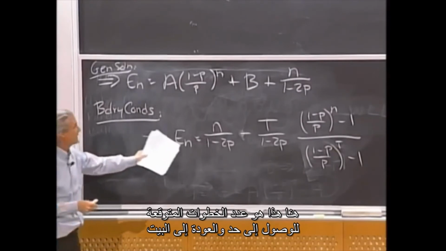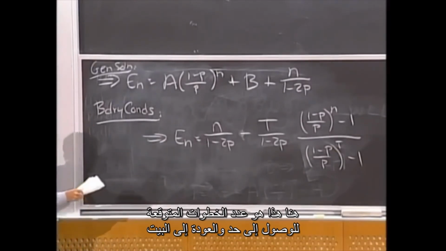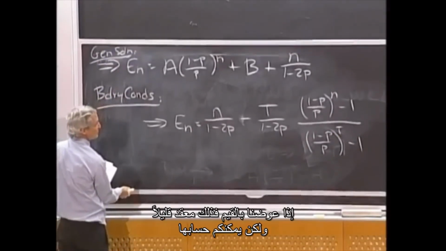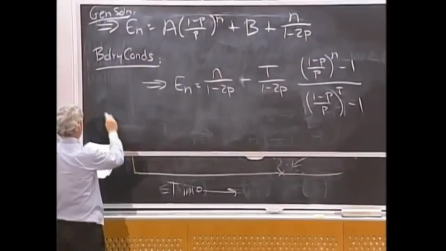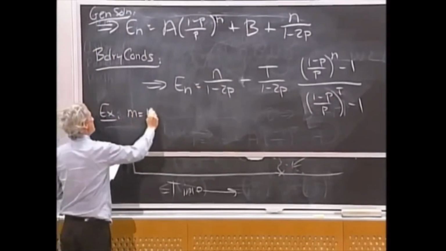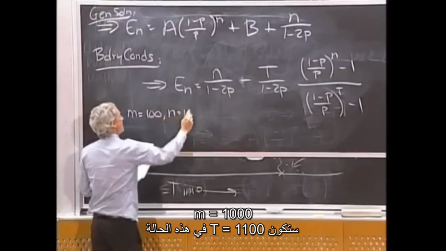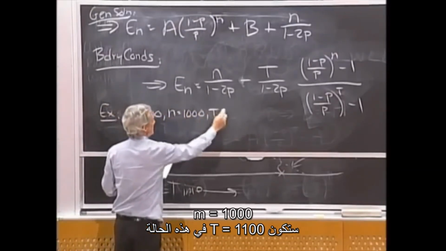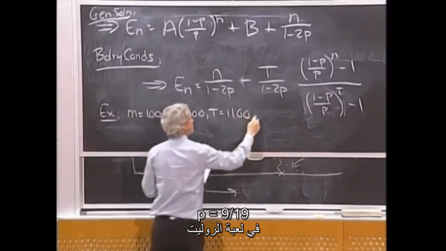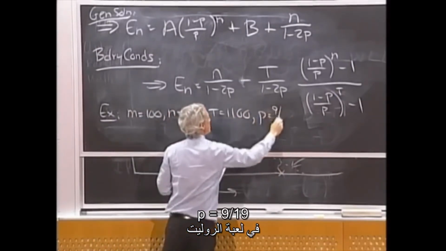Here, this is the expected number of steps to hit a boundary to go home. If we plug in the values, it's a little hairy, but you can compute it. So for example, if m is 100, n is 1,000, t would be 1,100 in that case. p is 9/19, playing roulette.